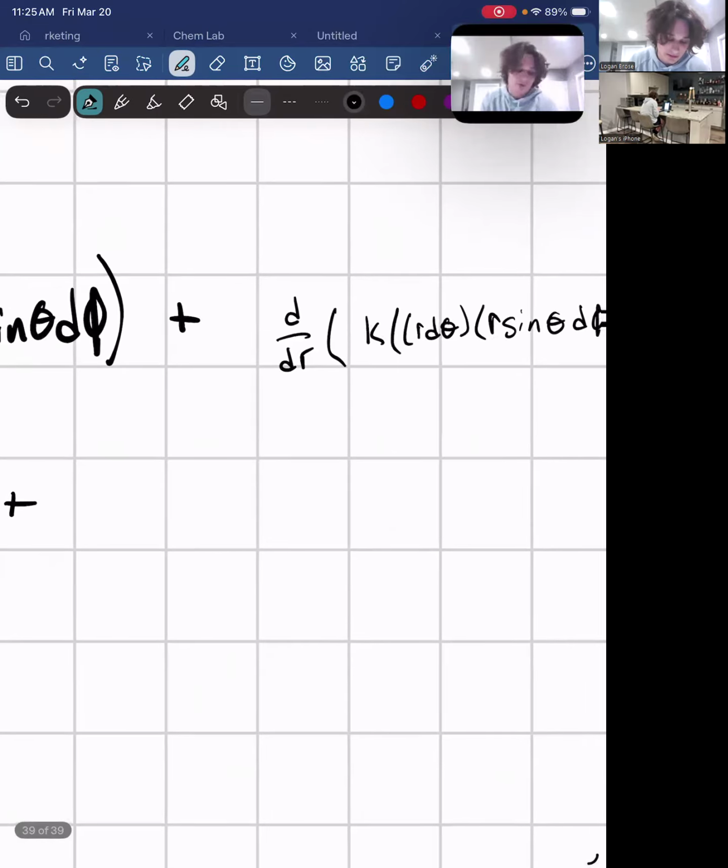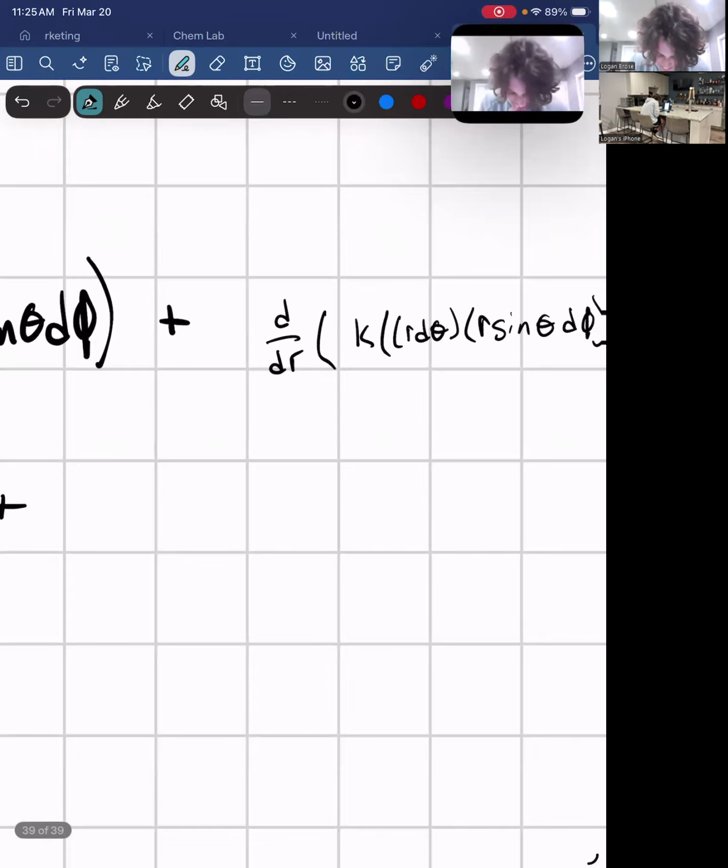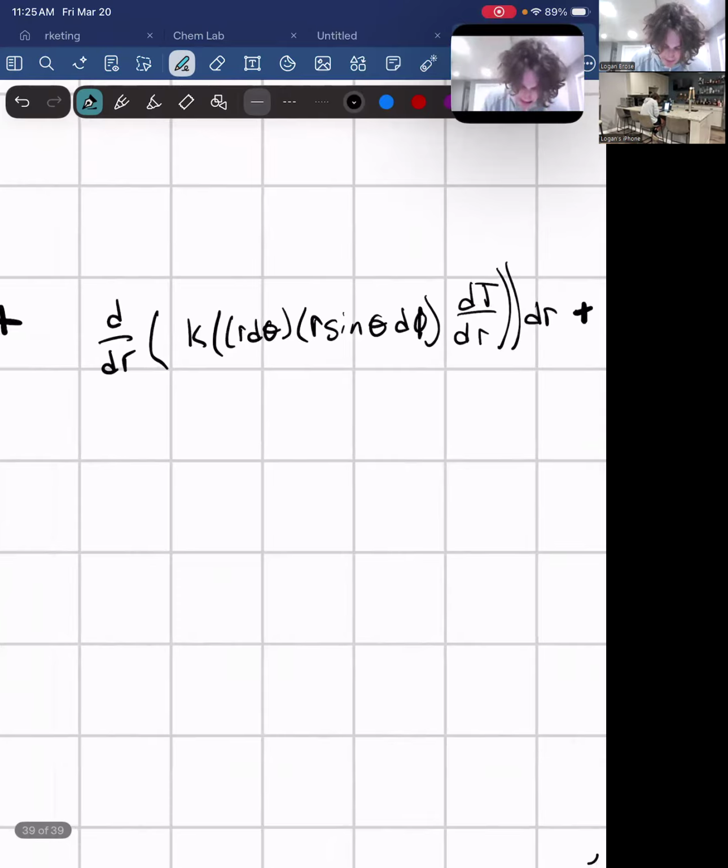And then we have our Q r squared sine theta dr d theta d phi plus, and then we're going to factor out here.